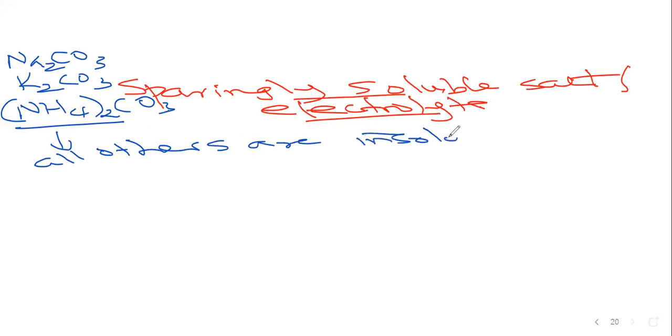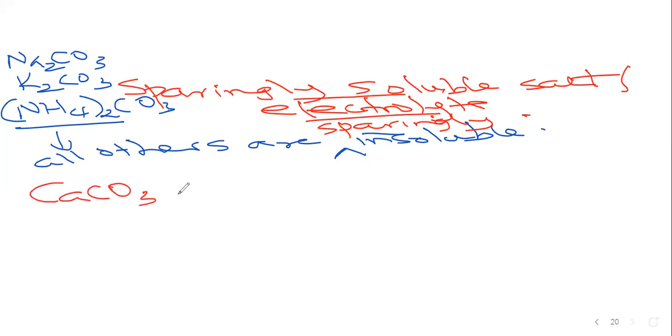You said all other carbonates are insoluble. At A level, we are modifying this, and we are saying all other carbonates are sparingly soluble. Why am I using the term sparingly soluble? Although you could have been told that calcium carbonate is insoluble, when you put it in water, some of it tends to dissolve.